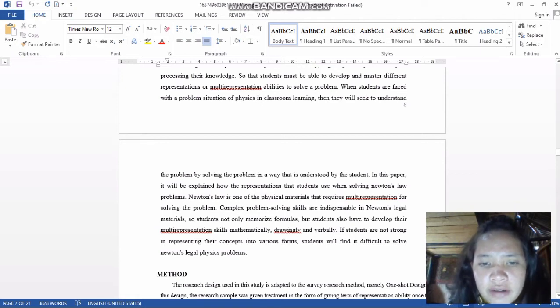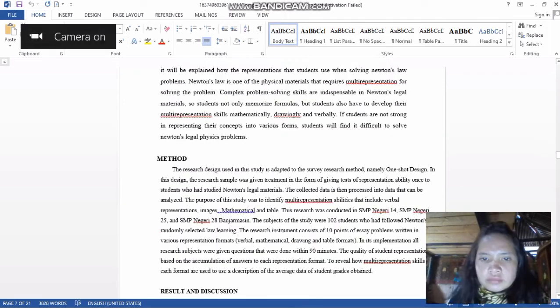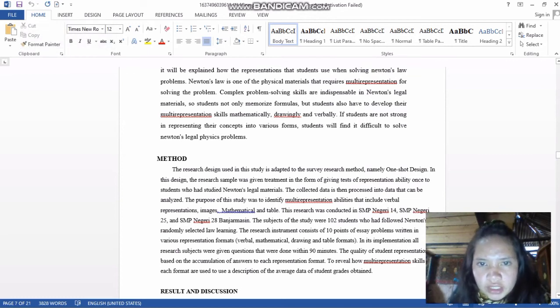Complex problem-solving skills are indispensable in Newton's law material, so students not only memorize formulas, but also have to develop their multi-representation skills mathematically, drawingly, and verbally. If students are not strong in representing their concepts in various forms, students will find it difficult to solve Newton's law physics problems.